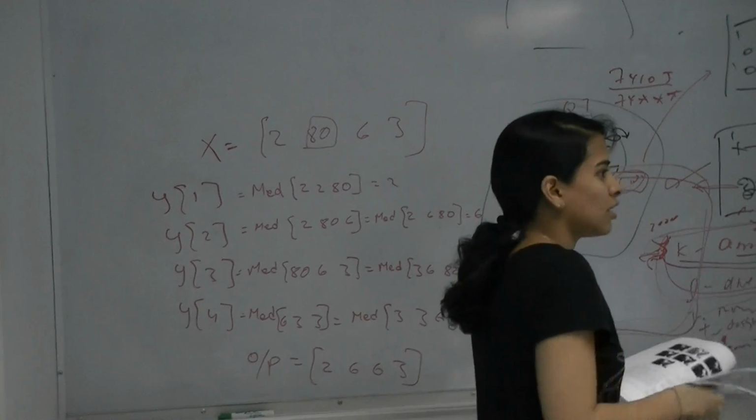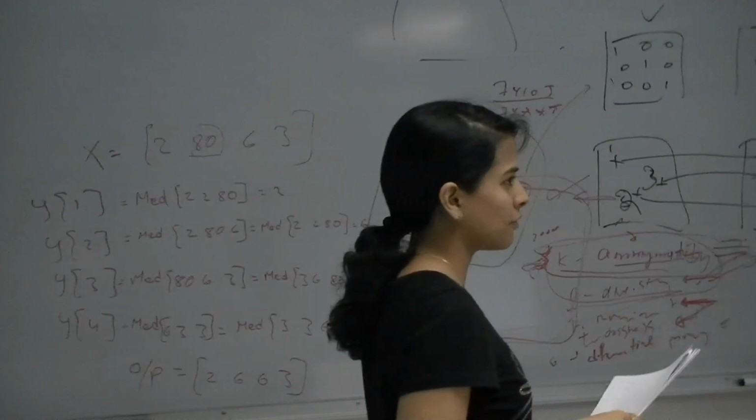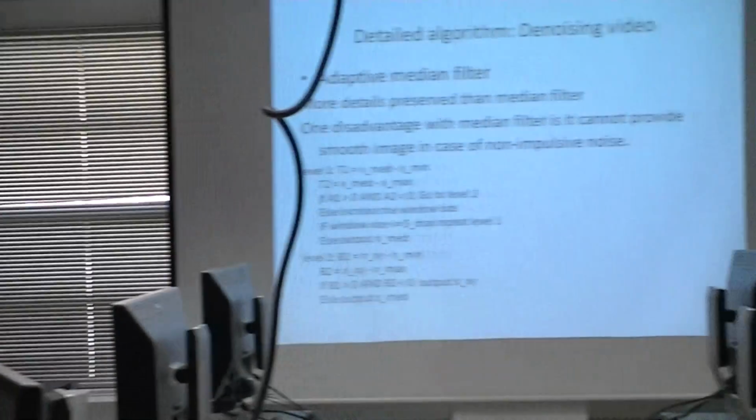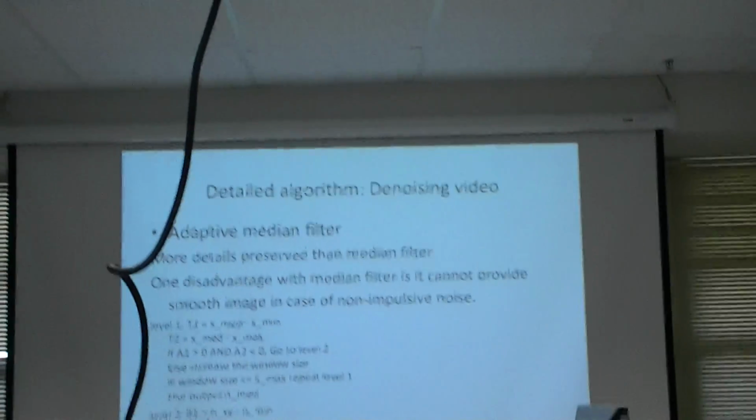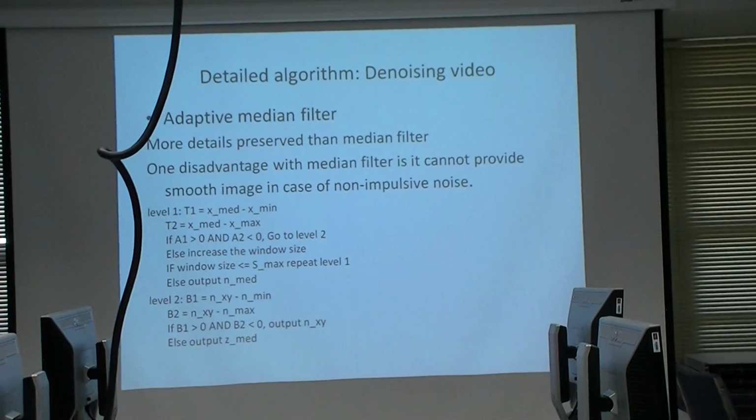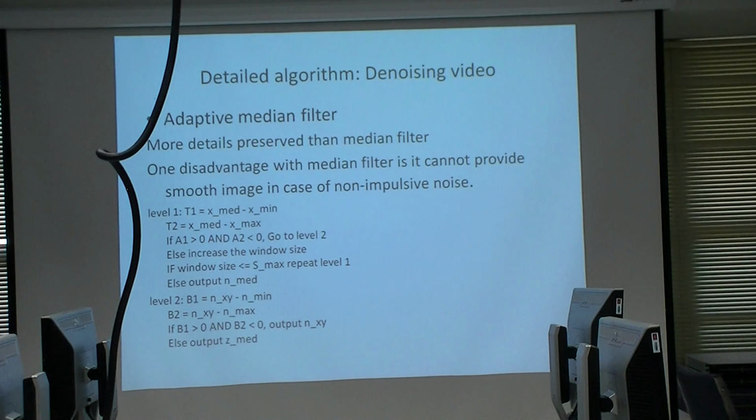We'll select a window size, like if it's an 8 by 8 pixel patch, then we'll select a window size to be 3 by 3 or 5 by 5, both odd, so that the median can be calculated easily with an odd number of values. In that window size, we'll calculate the x median, that is the median of that window, and then the maximum intensity and the minimum intensity.